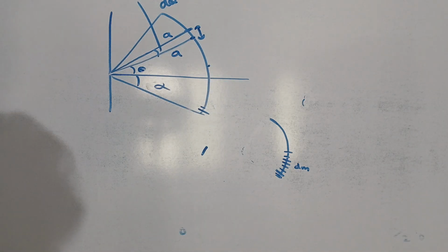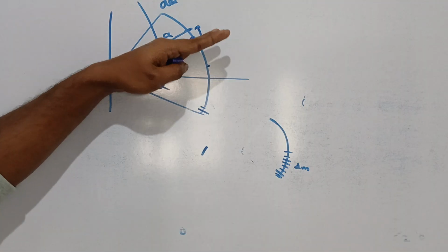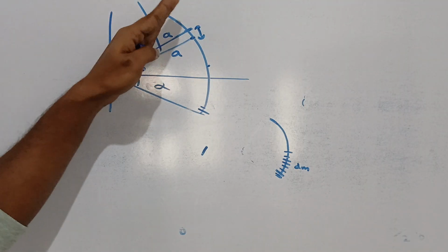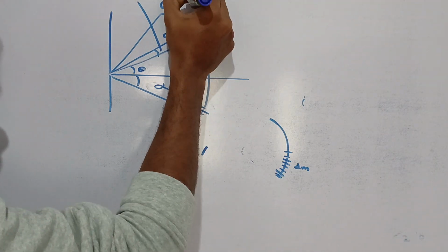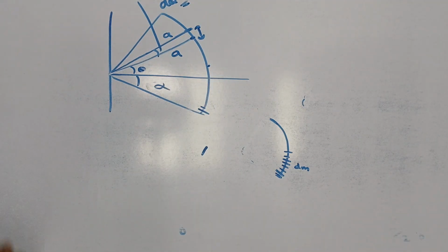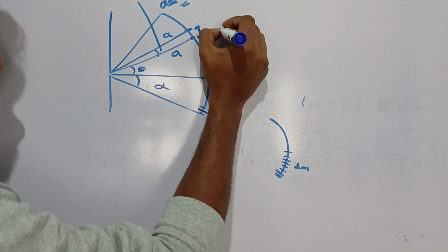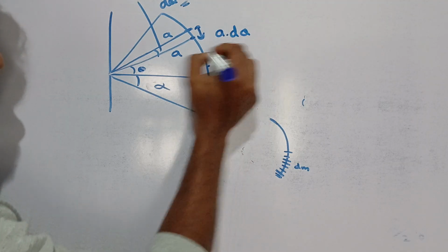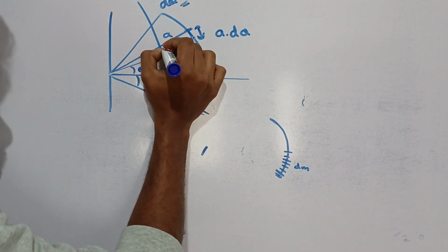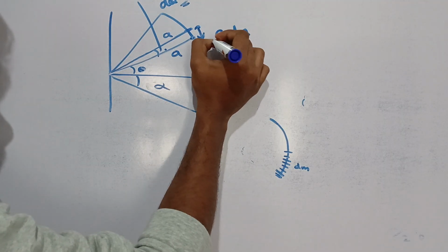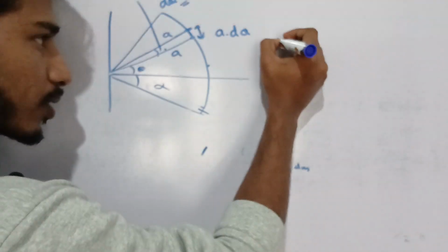It never changes. The only thing that varies is the angle. Let's say here it was 30, maybe here it will be 60. So the angle is the one which is varying. The length of the rod would be a times d theta, because the radius is a and the angle is d theta.